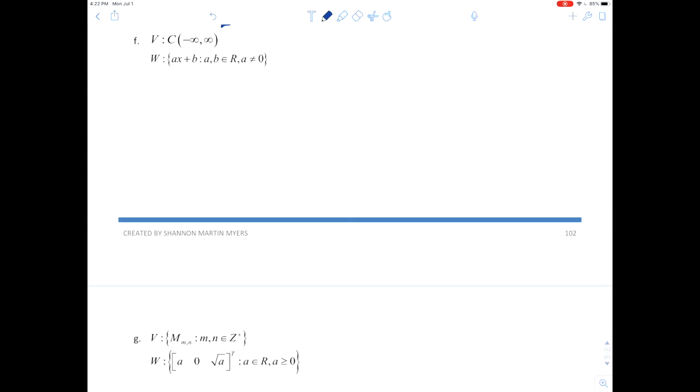There's a lot of things that might not work, but why don't we let f of x equal negative x plus 2, and g of x equal x plus 5.